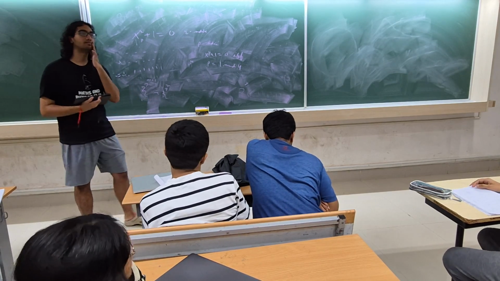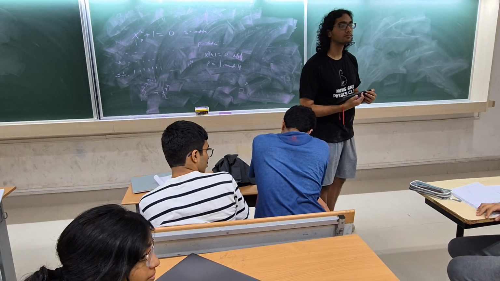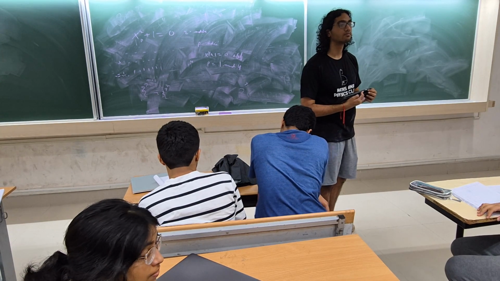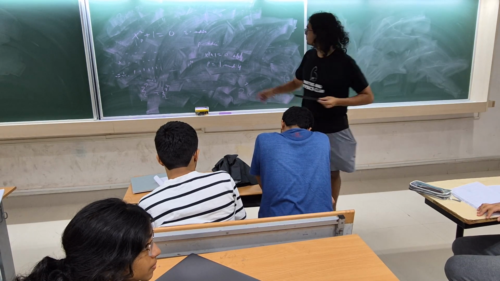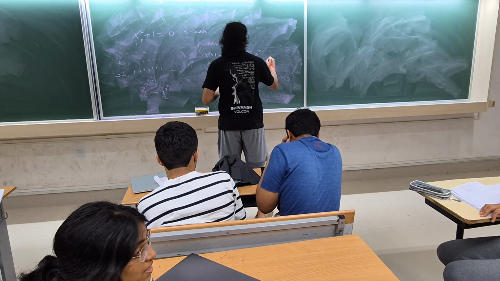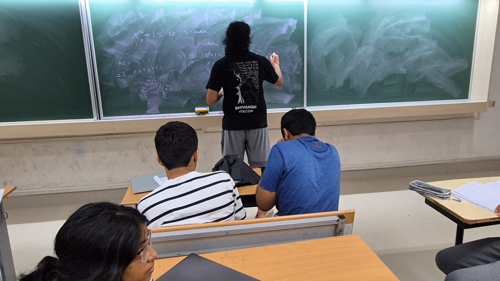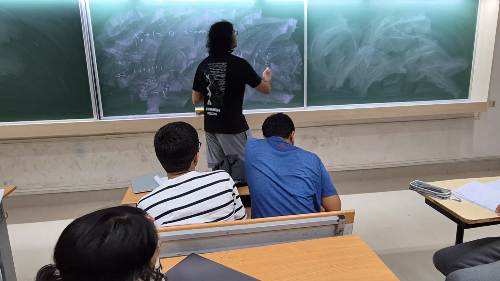So I have found a result: 1 raised to p raised to n, 2 raised to p raised to n, so until p minus 1 raised to p raised to n are the p minus 1 roots of 1 in the p-adics, 3 into p raised to n and so on.